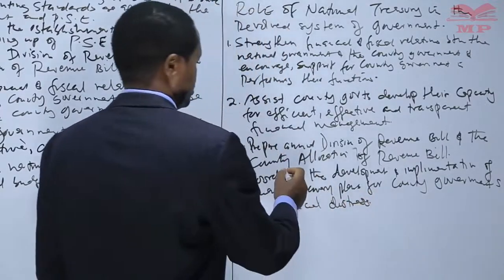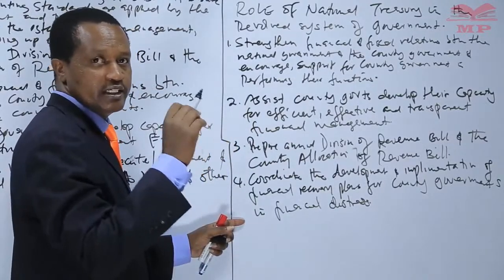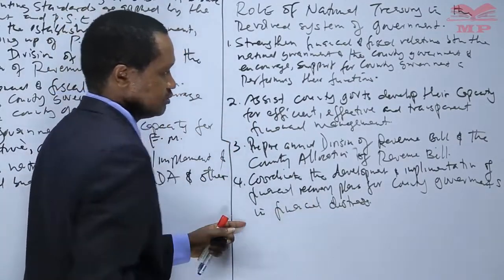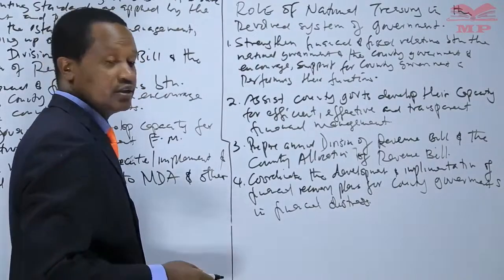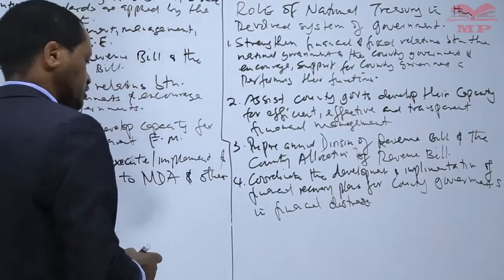So that is the role. The National Treasury is mandated by law to coordinate the development and application of financial recovery plans for the county governments that are in financial distress.